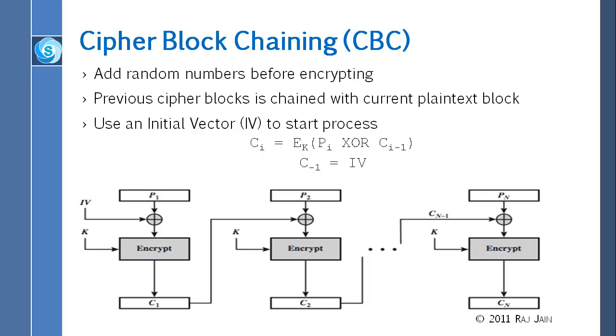With this, the first problem is gone, which means that if you take the same plain text n times, you will get different ciphertext n times. However, one of the problems is that if you change anything here, that might change everything. Because one bit change here will change that bit, that will change that bit, that will change that bit. So there is a big diffusion of error.